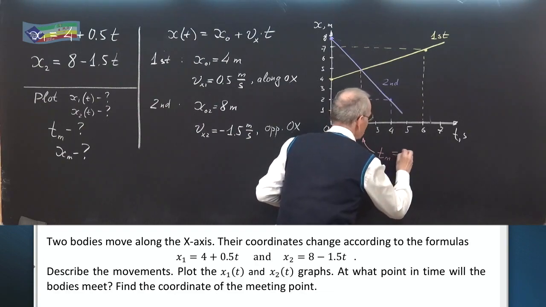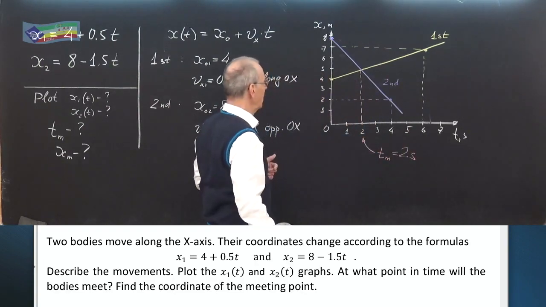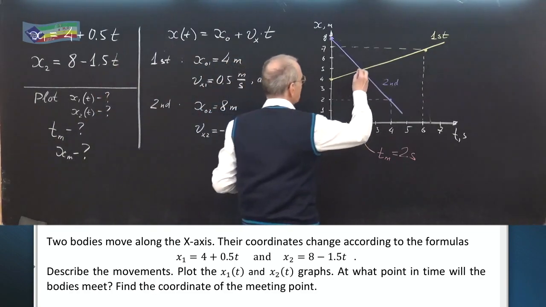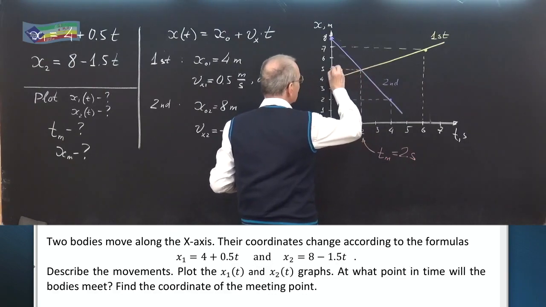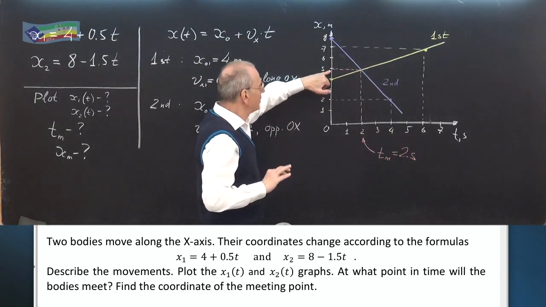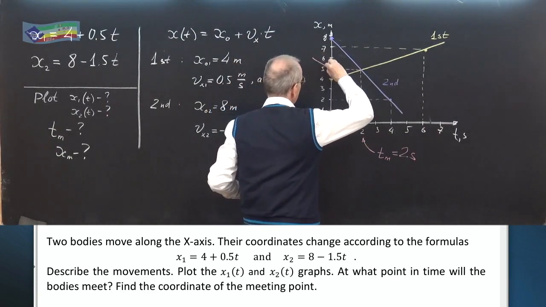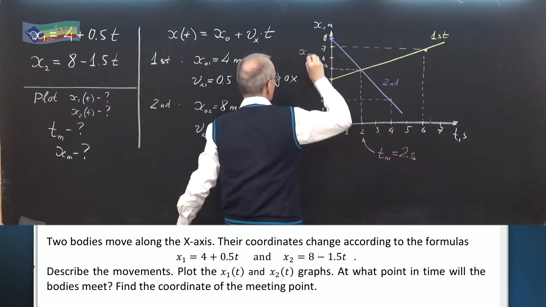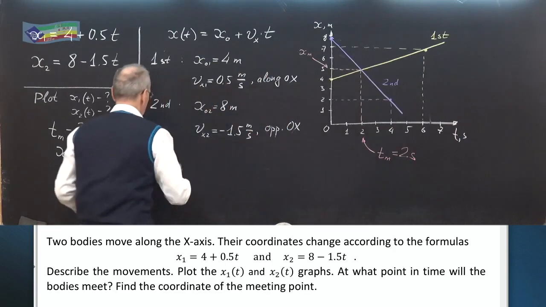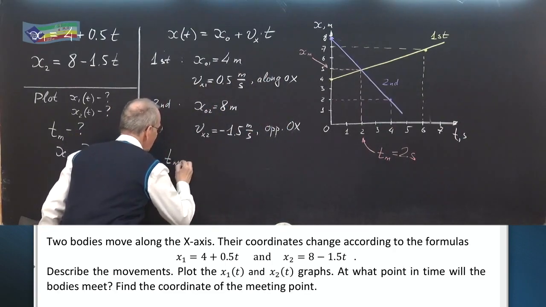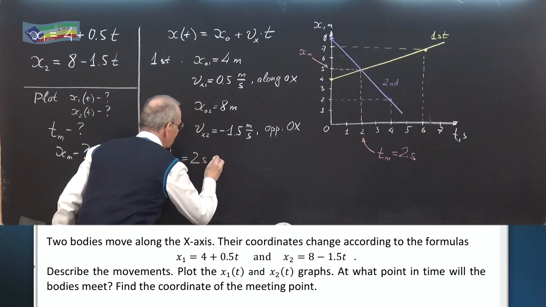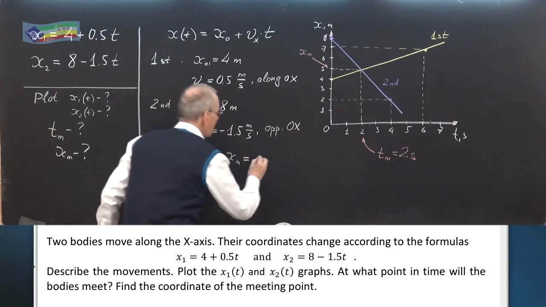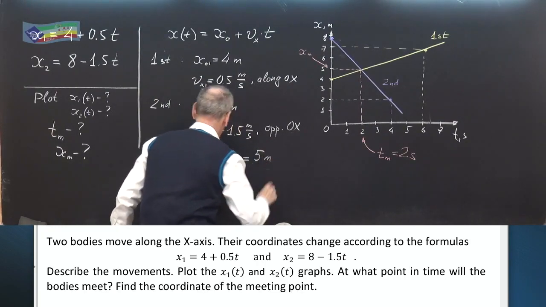Tm equals 2 seconds. And what coordinate do we have at this moment? Graphically, it gives an approximate value, about 5 meters. This is xm, the coordinate of meeting. So we can write Tm equals 2 seconds, and xm, the coordinate of the meeting point, is 5 meters.